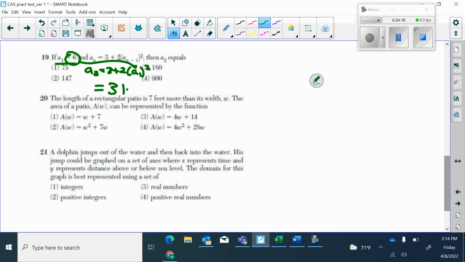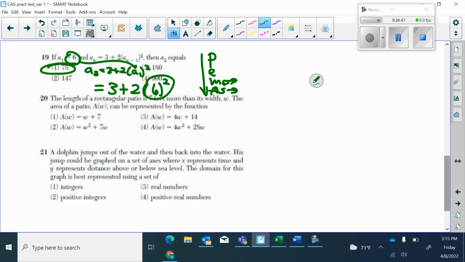I have 3 plus 2 times 6 squared. Now you have to remember PEMDAS, order of operations. A lot of you blow this. I know exponents come first. In PEMDAS, we're going down. Boom. 6 squared is 36, times 2 is 72, plus 3 is 75. There's your answer.